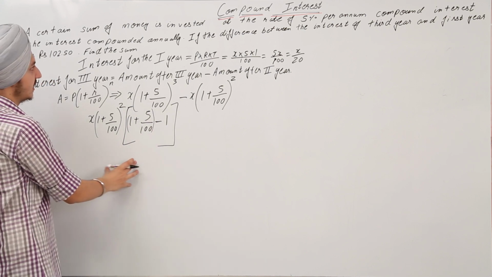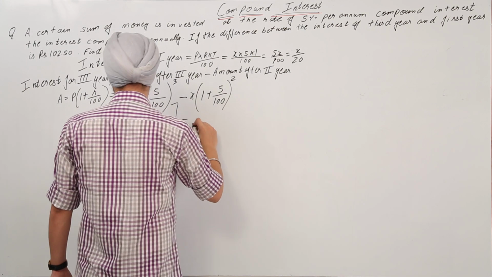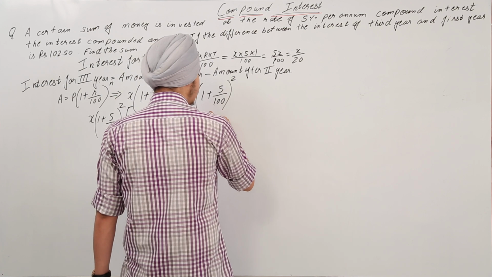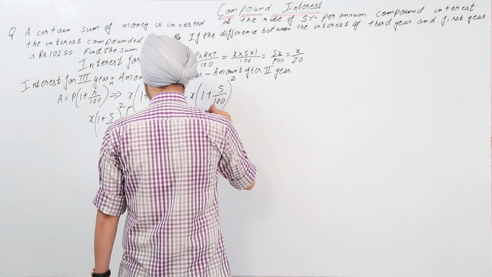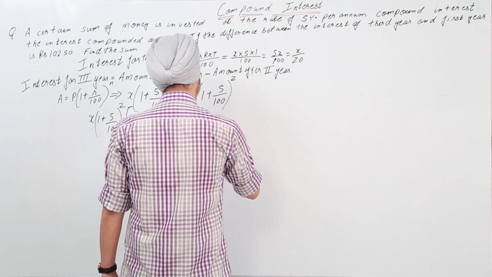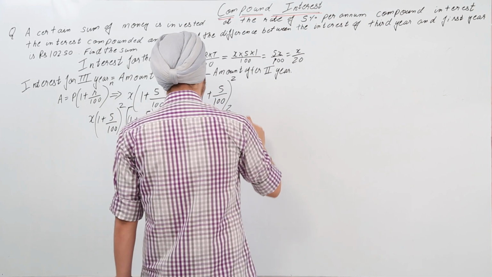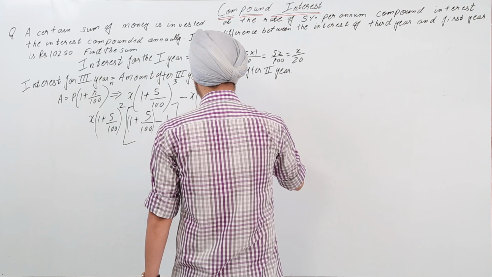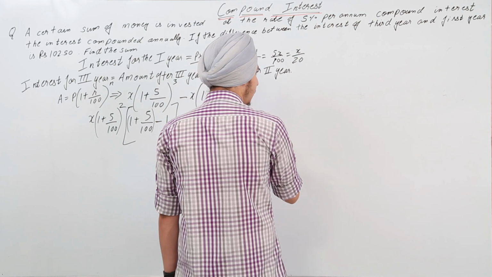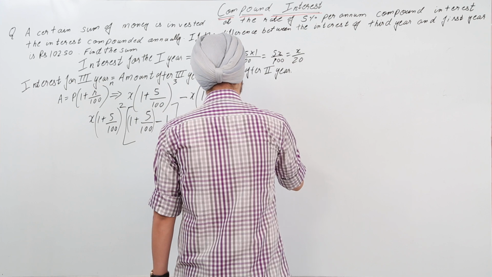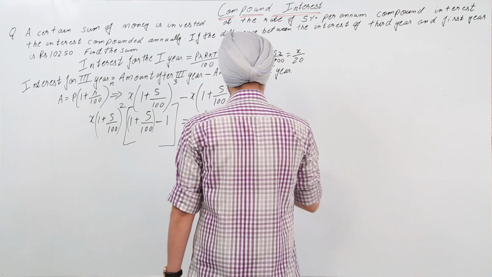Solving this equation, we get x into 21 by 20 square into 21 by 20 minus 1, which comes out to be 1 upon 20.